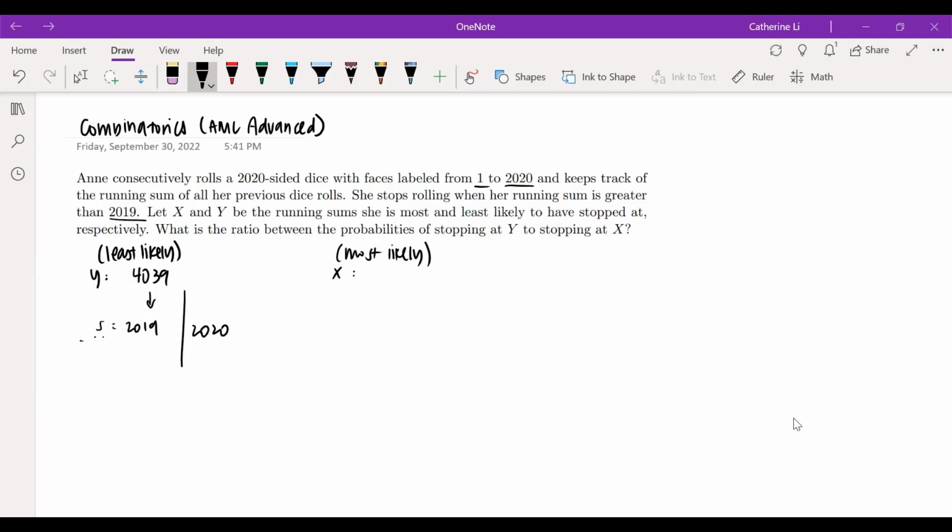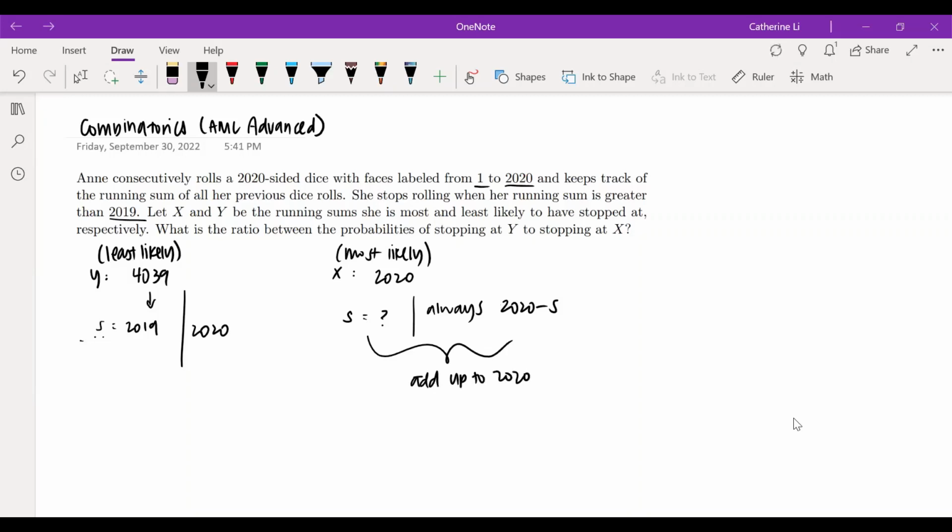And then something similar for the most likely one, which is x, is that x is actually 2020 itself. Because whatever running sum that we had before this, we always have some value that can make the total running sum that we stop at add up to 2020.